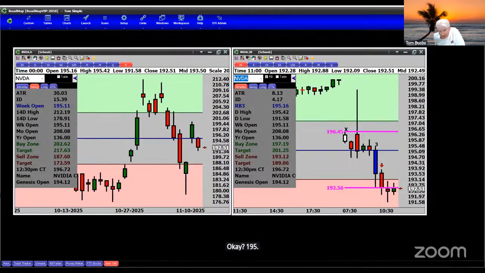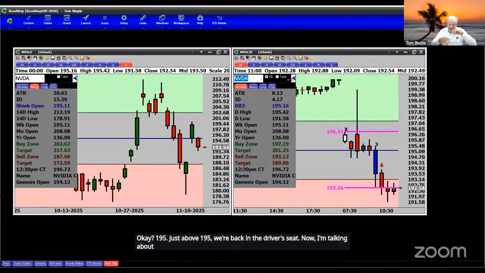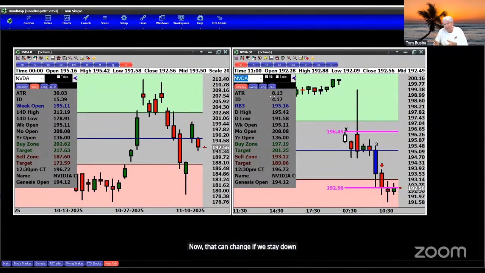Gets above 195, we're back in the driver's seat. Now I'm talking about new positions, that kind of stuff, okay? Now that can change if we stay down to RB4 or whatever, but 185 is really the pivotal area for NVIDIA.